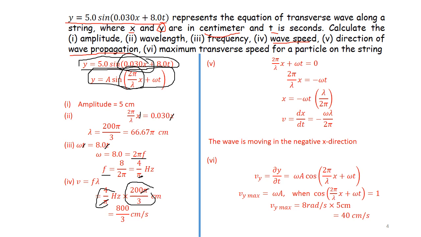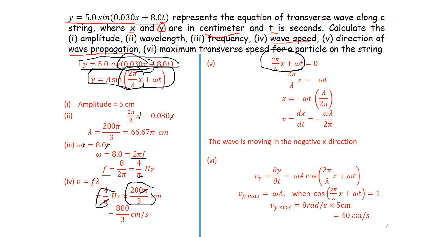Then you have, to determine the direction of vibration of the wave. To do that, you equate the phase angle to 0 and you solve. You separate the other side of the equation from the equality sign and you make x over t the subject of your formula.